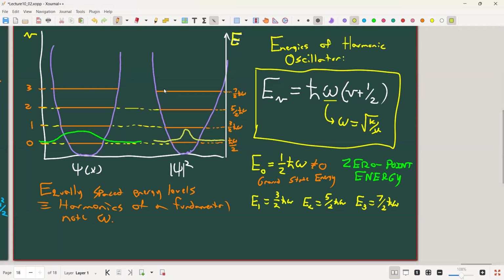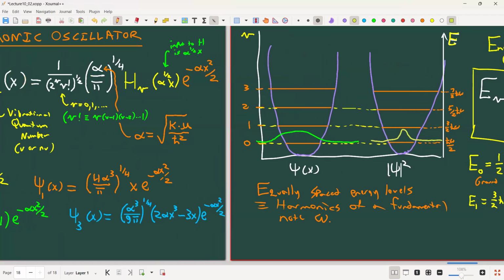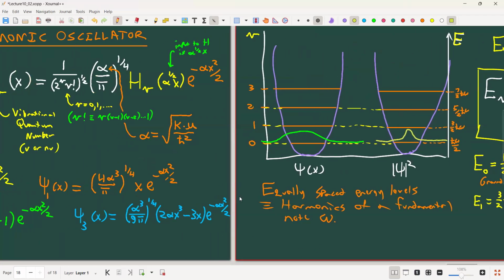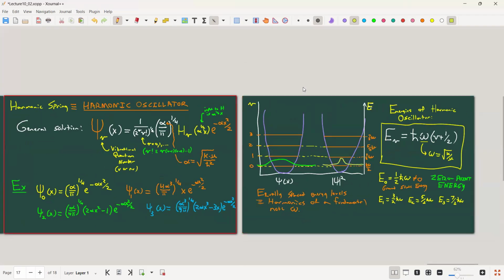Let's look at the second function, for the first level, v equals 1. And here it is here on the right. It's the same function, but we've appended an x to it. What that does is it makes the function go to 0 at x equals 0, and then it's negative at negative x and positive at positive x. So now we get a sign change in the system. Why is it doing that?